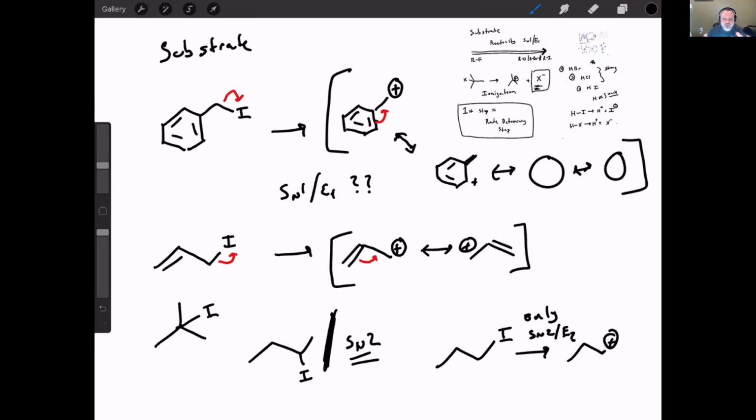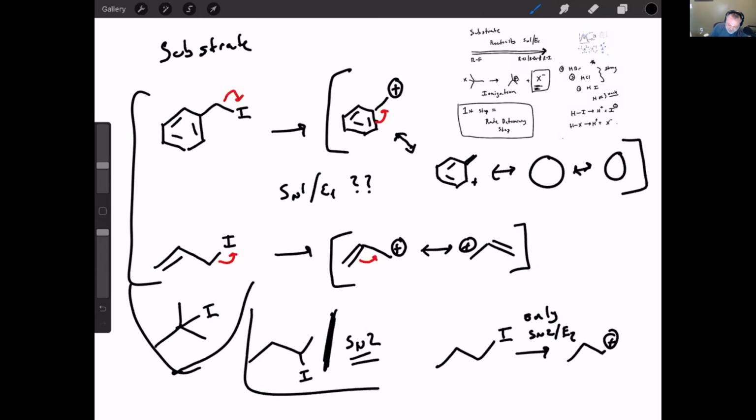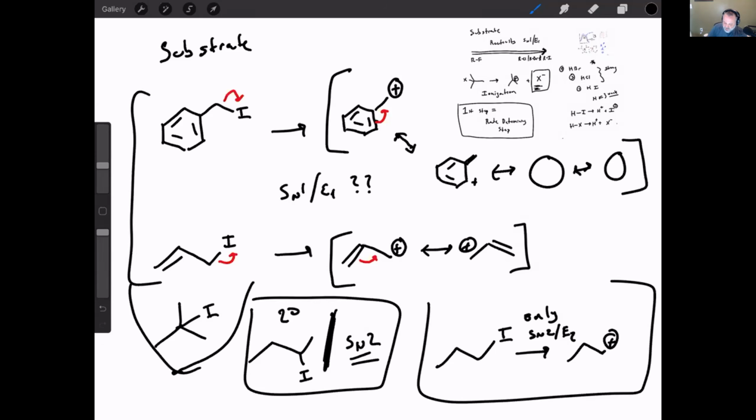Is it tertiary? Is it secondary? Is it primary? Or perhaps is it one of these resonance stabilized substrates that would readily form a cation? In that case, you're thinking it's a unimolecular reaction. If it's tertiary or allylic or benzylic, it's easily going to form a cation intermediate. But if it's secondary, it's really kind of a mix of the two. And if it's primary, then you can't form a cation intermediate, and that leads to a particular set of reactions only.